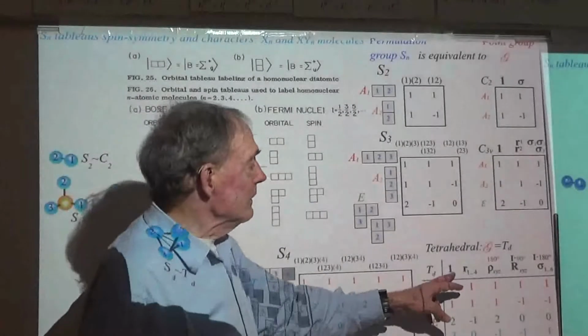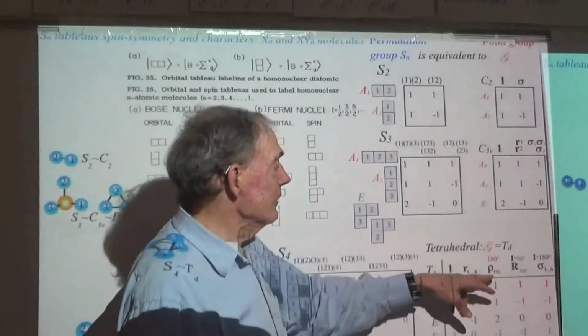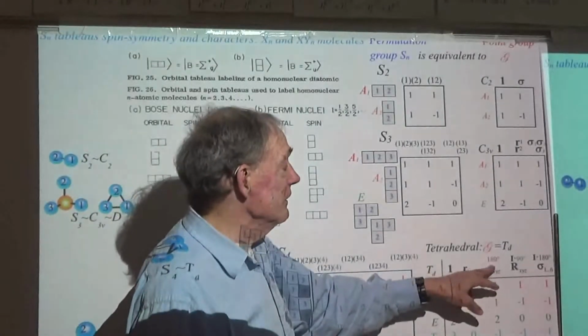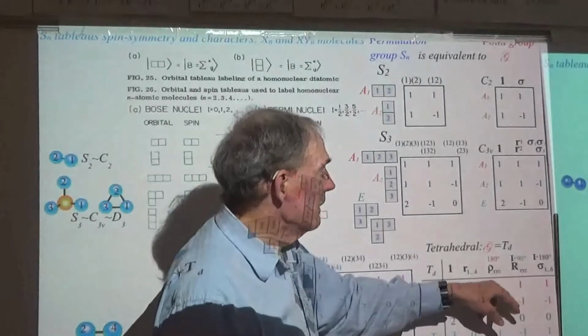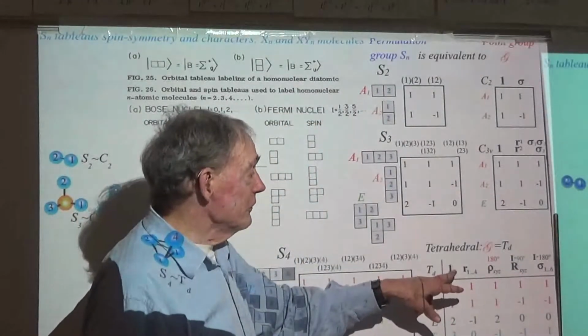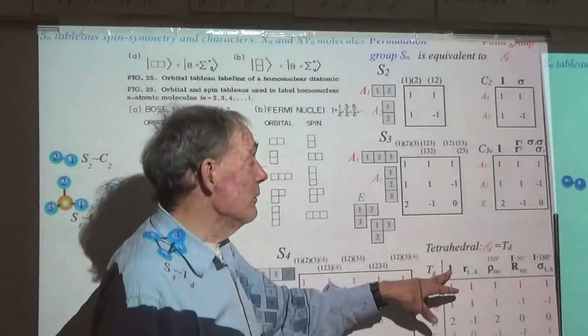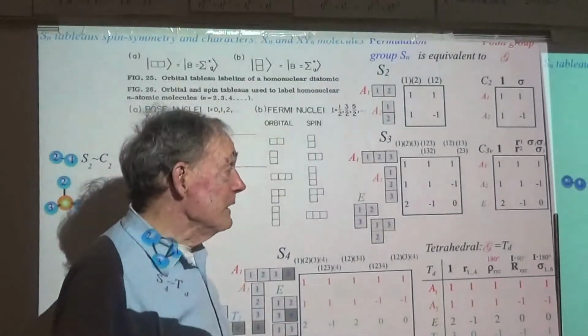So this is what we used to call those operations, the sigmas on the diagonals, the rotations on the X, Y, and Z, and then the big R rotations of 90 degrees around each of the faces of a cube, or the points of an octahedron. And then the tetrahedron has the same deal.